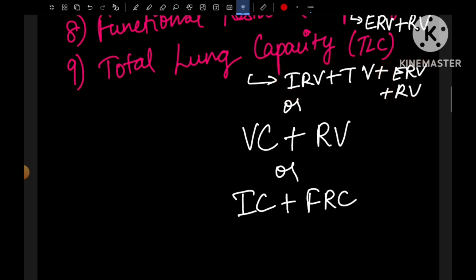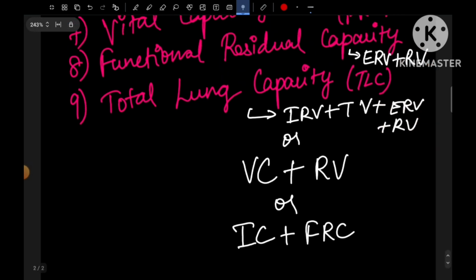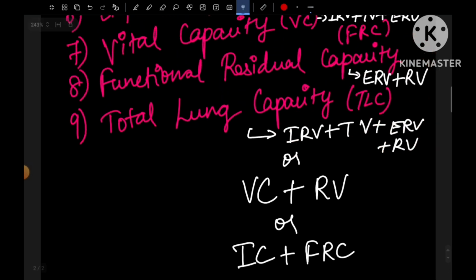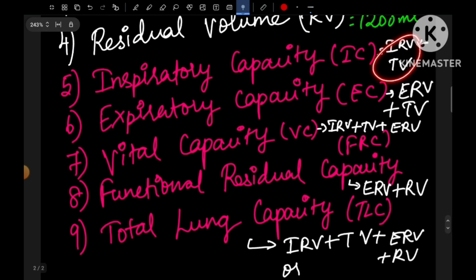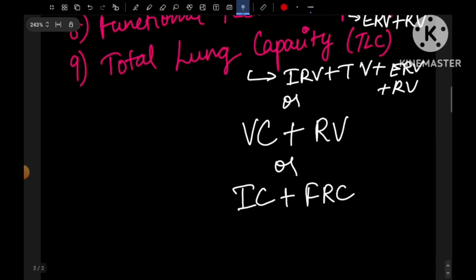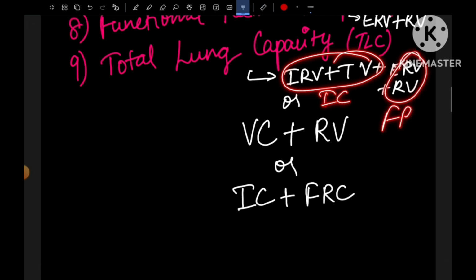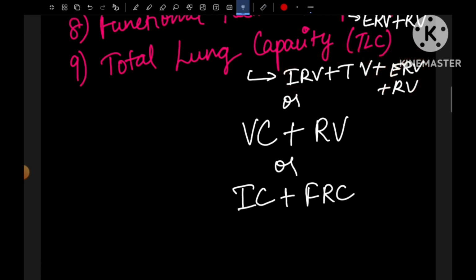Expiratory reserve volume plus residual volume is functional residual capacity, no? I have written the formula here itself. Plus IRV plus TV, that is inspiratory capacity. So it is inspiratory capacity plus FRC, functional residual capacity. You can derive the formula like this also.